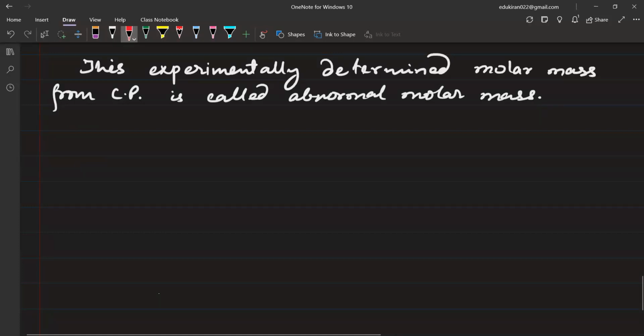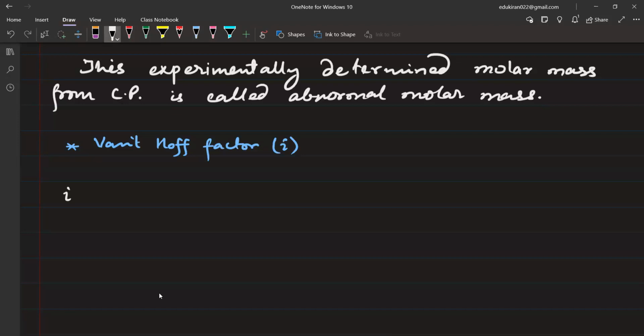And to measure the dissociation and association, we have a term that is known as Van't Hoff factor, given by i. And what is i? Simply i is equal to the experimentally determined colligative property divided by the colligative property which is calculated.